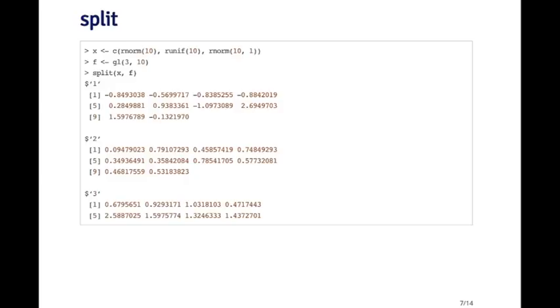So now you can see when I split the x vector, I get a list back, and the first element is 10 normals, the second element is 10 uniforms, and the third element, which gets a little cut off here, is 10 normals again. So that's what the split function does. Split always returns a list back.